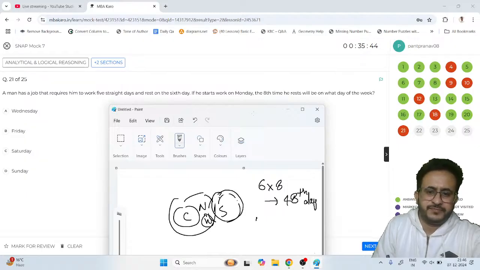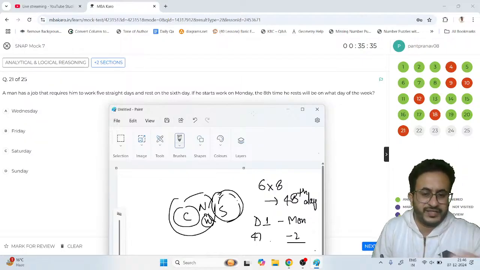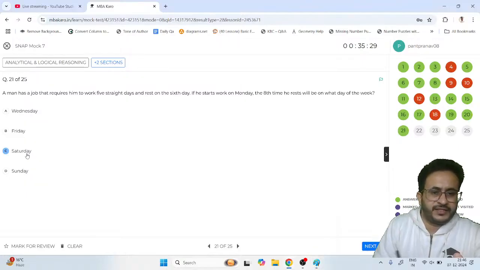So day one is Monday, and 47 days later means 2 days less, or you can say plus 5 days, that is Saturday. So that day will be Saturday.